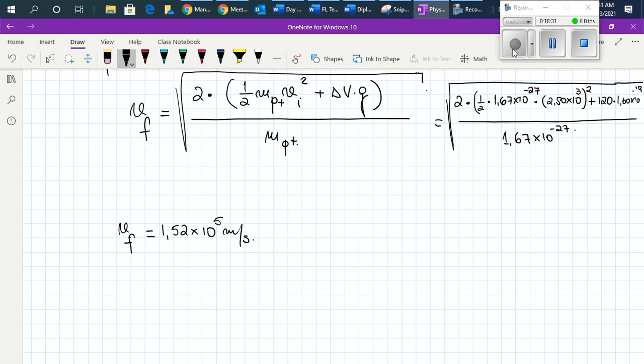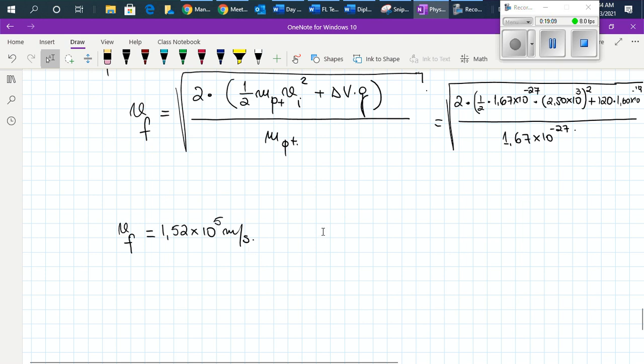This will be the final velocity as it is reaching the plate, the negative plate. And of course, you are expecting that the final velocity will be higher value than the initial velocity, because what is happening is that the proton in our case is naturally falling to the negative plate.